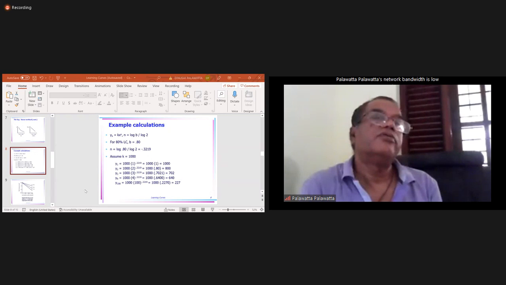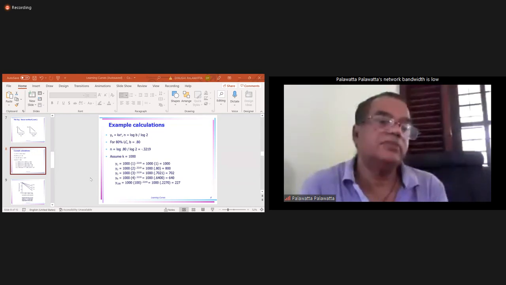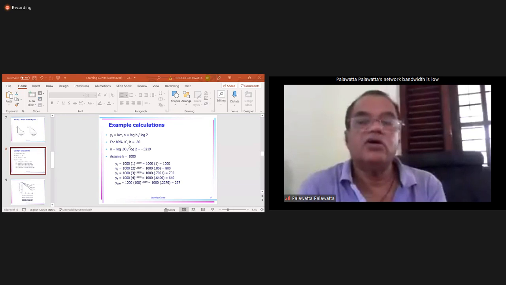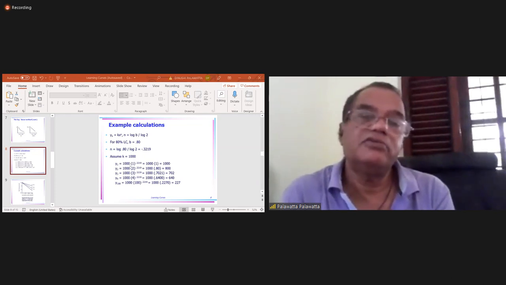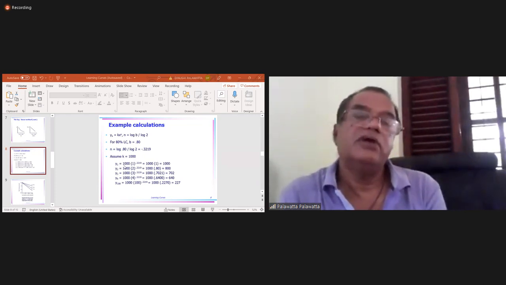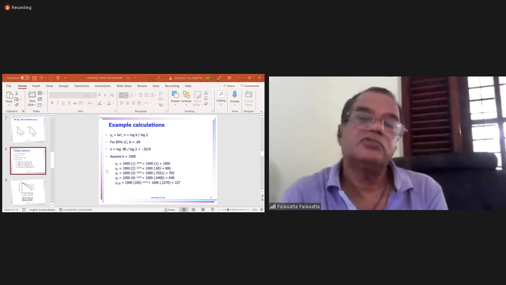So this log is not natural logarithm. When you say log, it is base 10, right? So you take the base 10. So then, for example, y1, if you substitute in the equation, first unit takes 1 to the power any number is 1, therefore it's 1000.